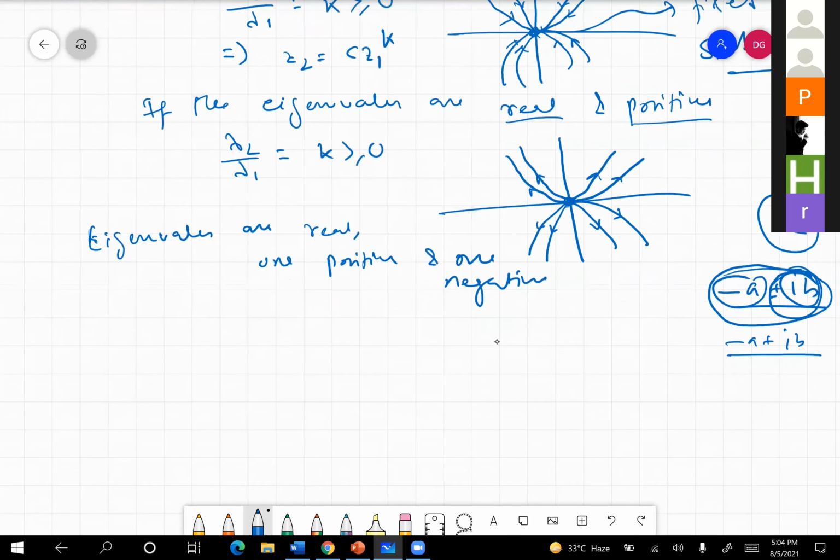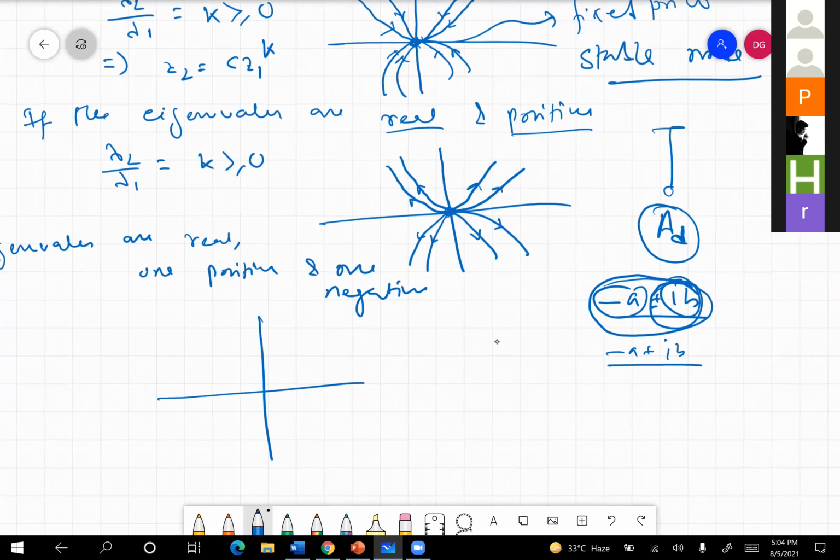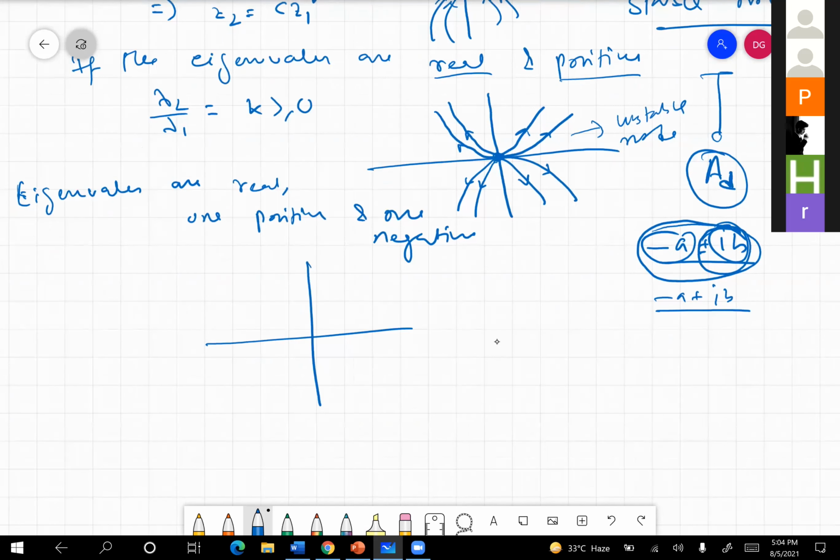In this case, your nature of the plot will be something like this. This is my fixed point. Around the fixed point, the nature of the phase portrait looks like this. And if you have a plot like this, it is called a saddle point.